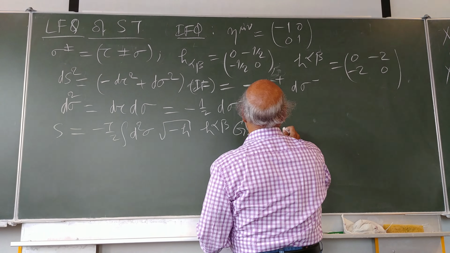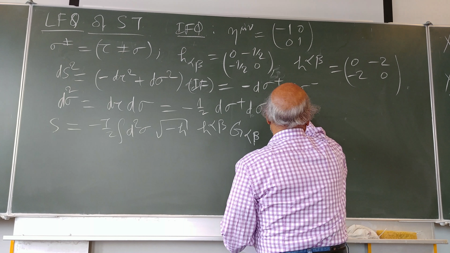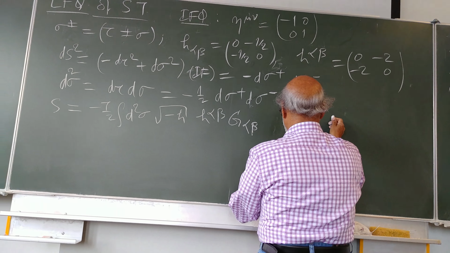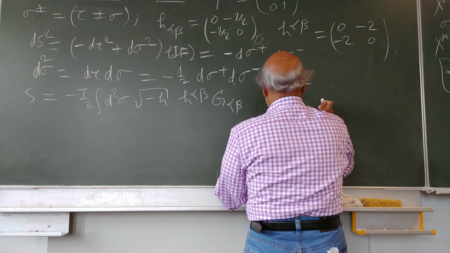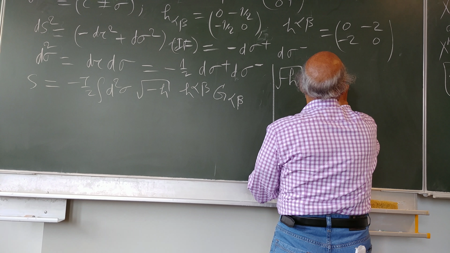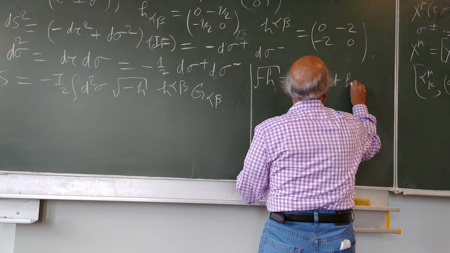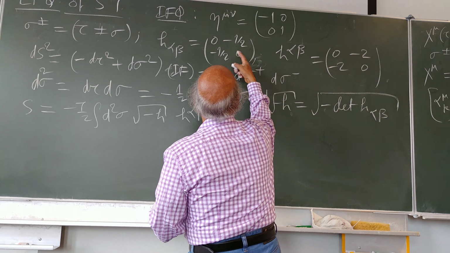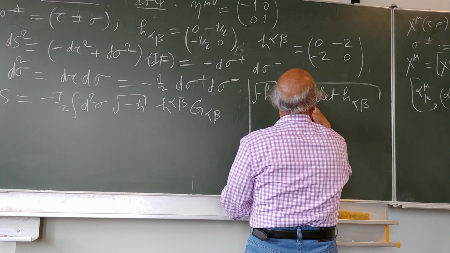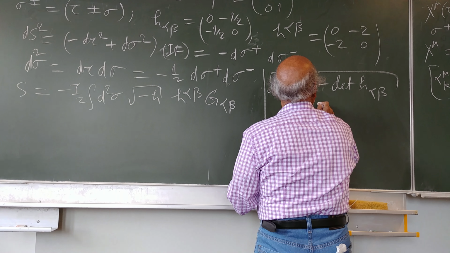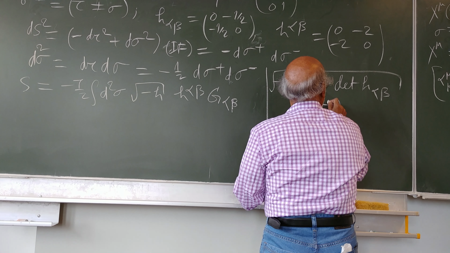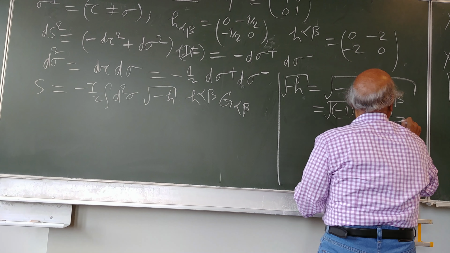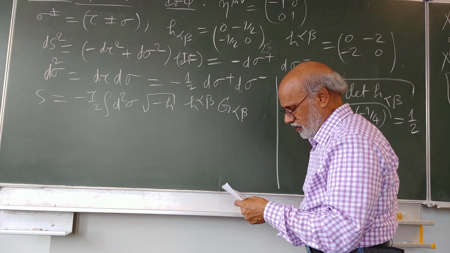Now minus h, the square root of minus h, is the square root of, this is 0 minus 1 by 4 and minus, minus 1 into minus 1 by 4, and this is equal to 1 half.